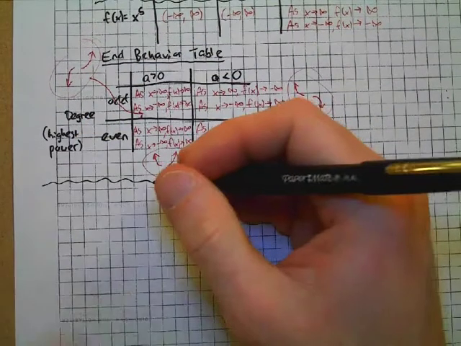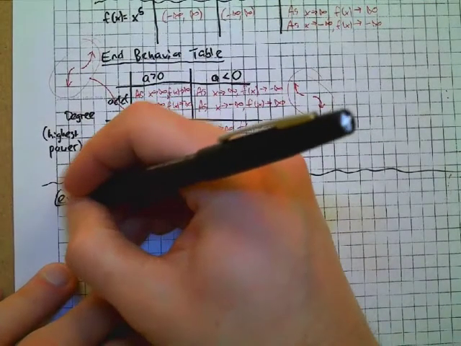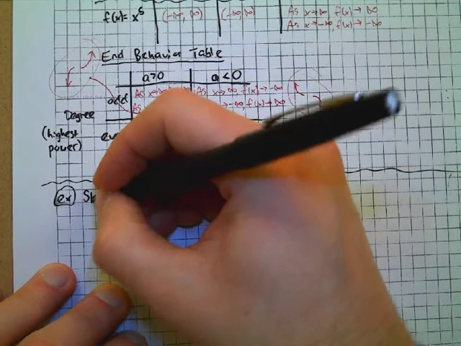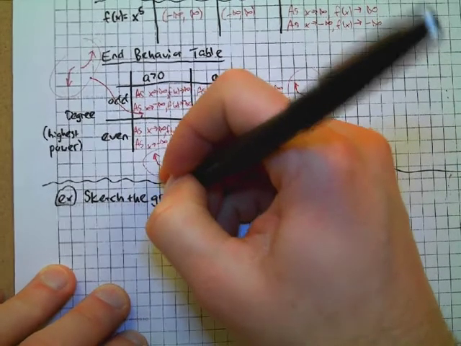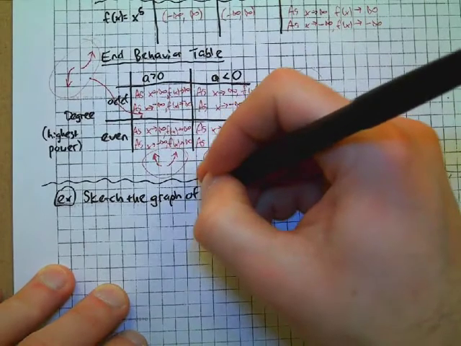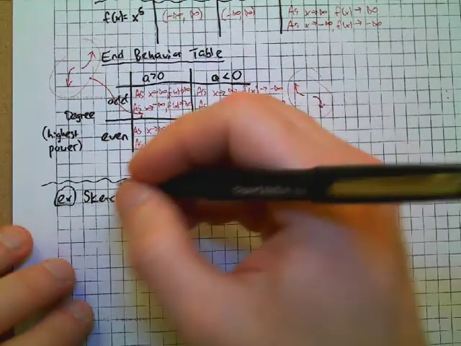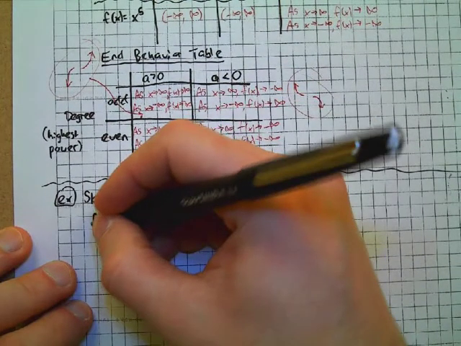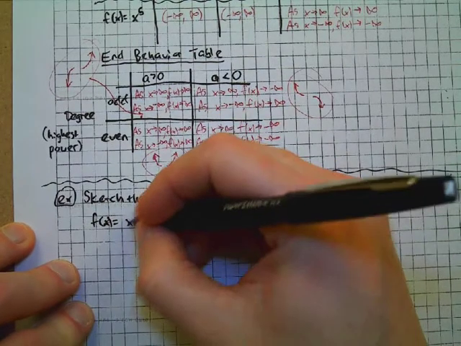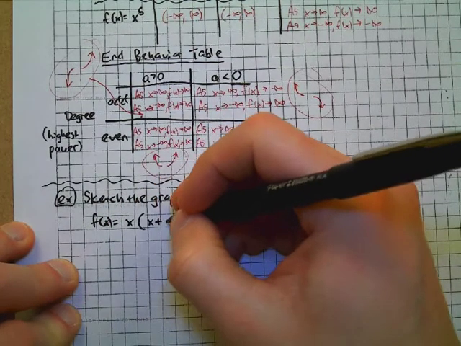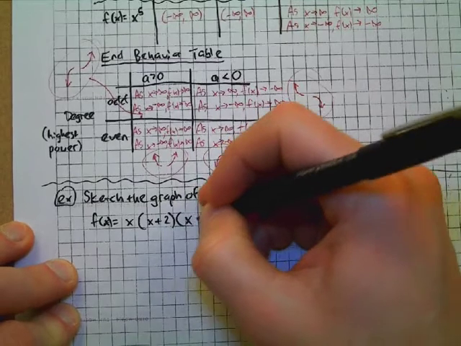So, let's do one here. Let's sketch the graph of f of x equals x times (x plus 2) times (x minus 3).